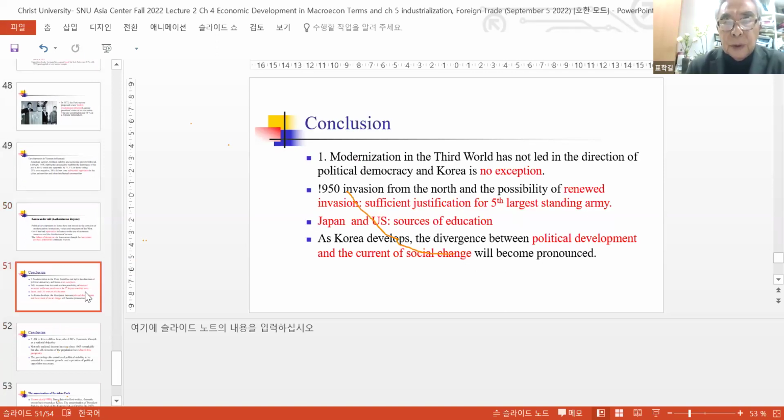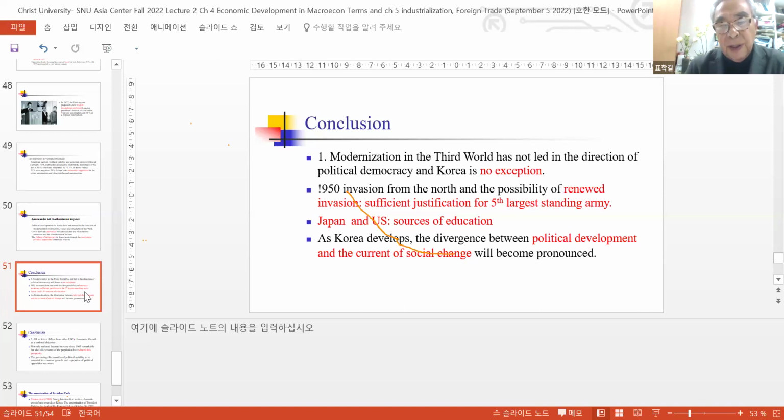The conclusion is that modernization in the third world has not led in the direction of political democracy, and Korea is no exception. The 1950 invasion from North Korea and the possibility of renewed invasion were always sufficient justification for the fifth largest standing army.